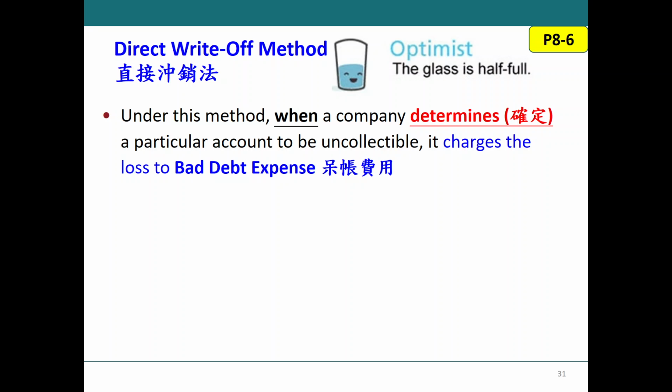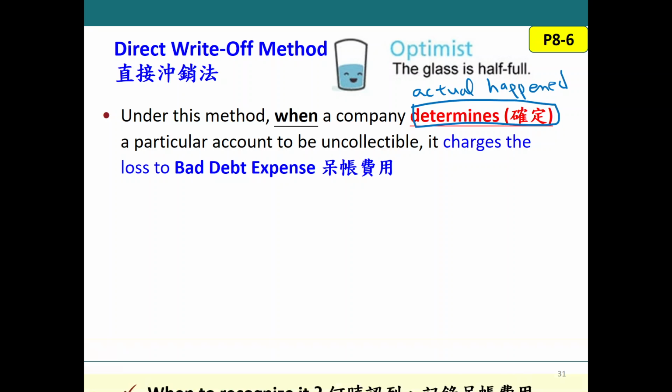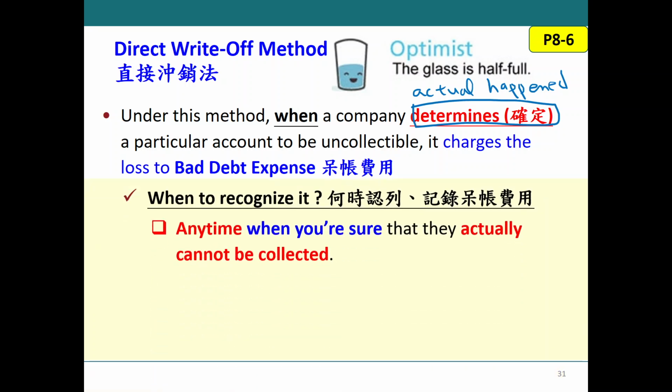Okay? So when it happens, when you find out someone really runs away, disappears, won't pay you money. Here it tells you when we record the risk. Determined means what? When it actually happened. So at that moment, we will record the risk, anytime you are sure you really cannot get the money.